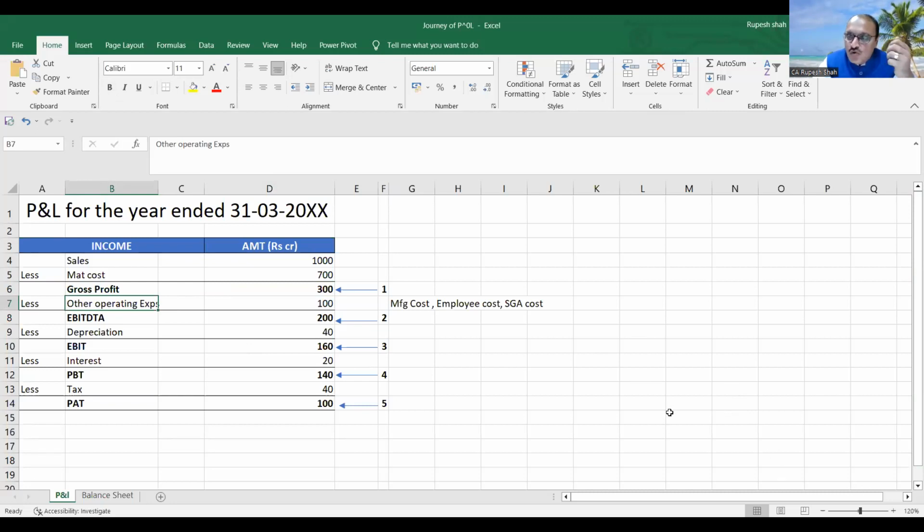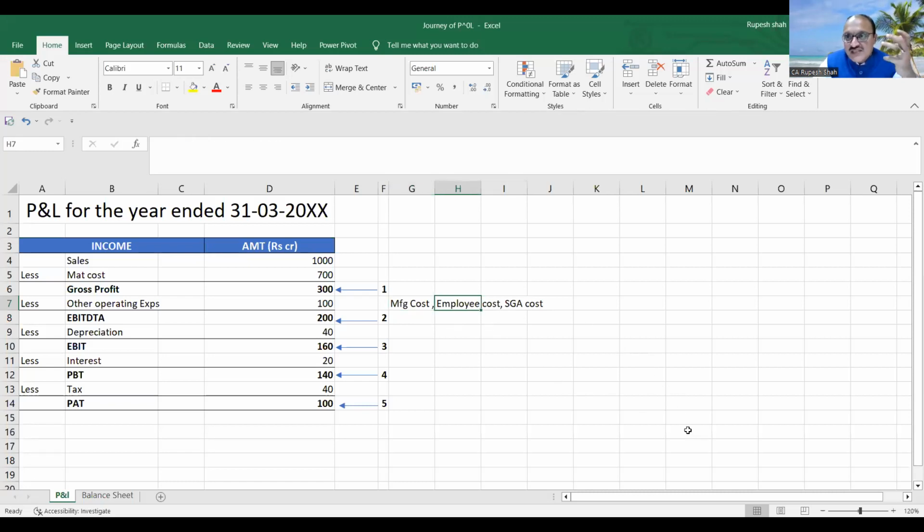In order to process this material, I might have certain manufacturing cost, employee cost, and also in order to sell this material, I will have sales and certain general and administrative expense, office expense. A manufacturing expense is like consumables, power and fuel, which are used in the factory, right? These are called the manufacturing cost.